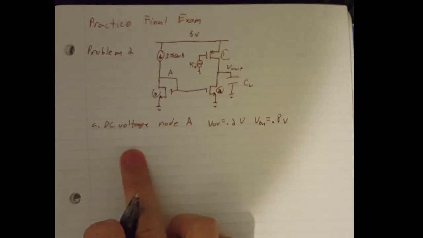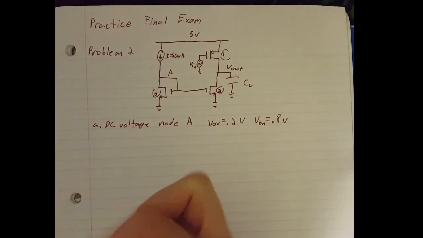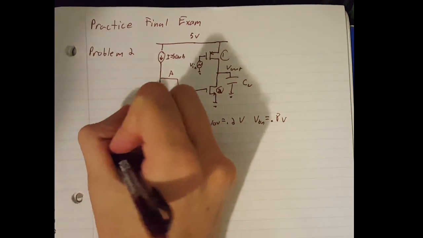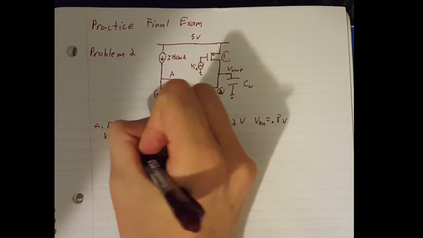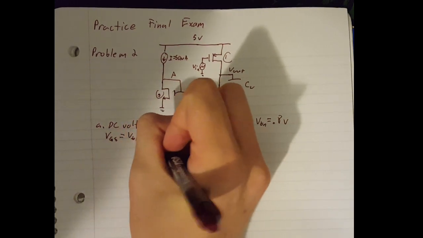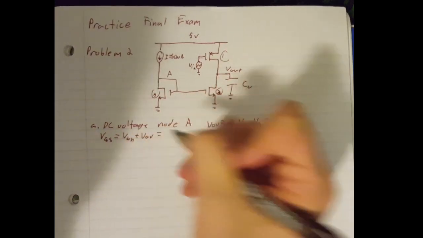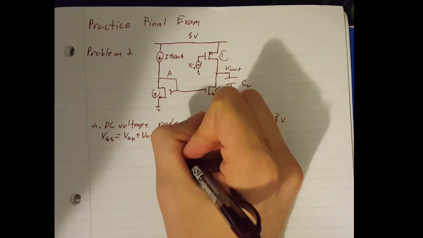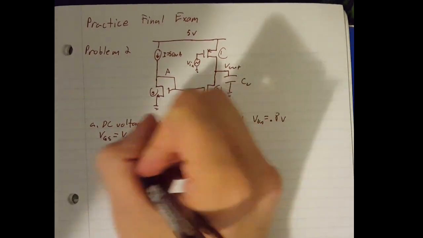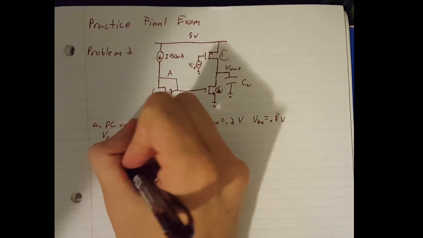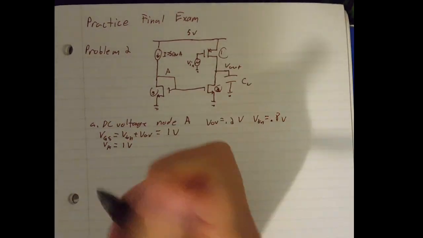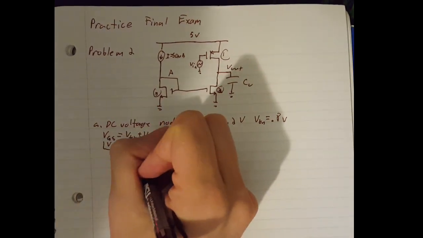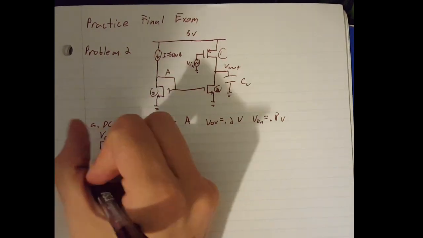And so what we're going to do for part A here is we know that VGS equals VTN plus V over. So therefore, that equals 1 volt. So VA equals 1 volt because source is ground here, so VGS is VA. So that's part A.